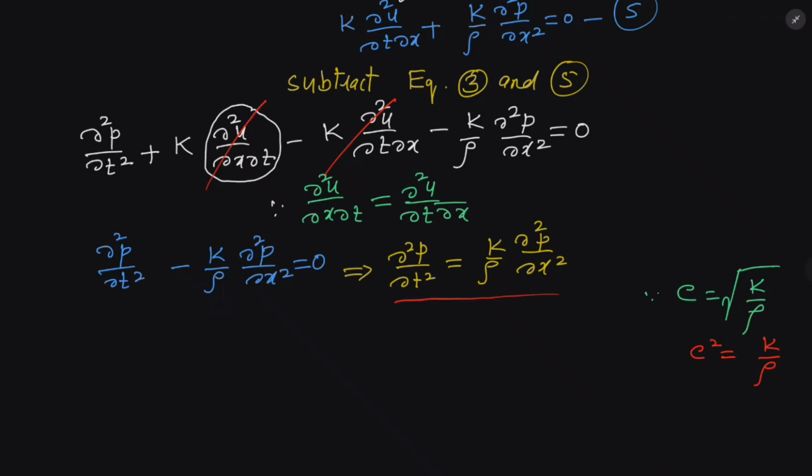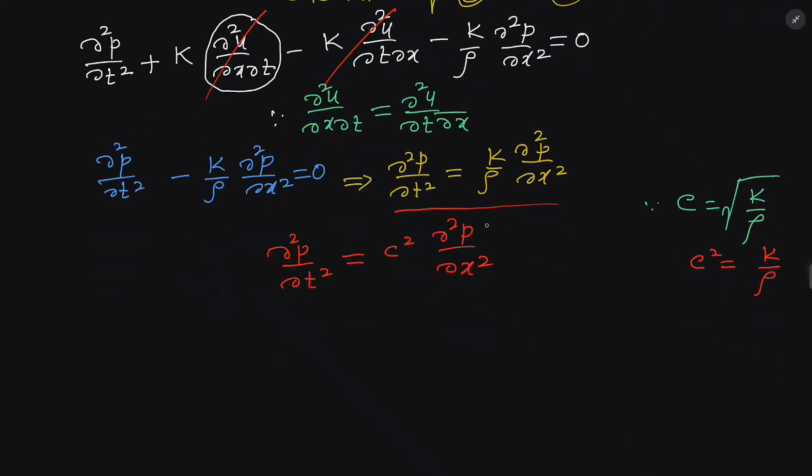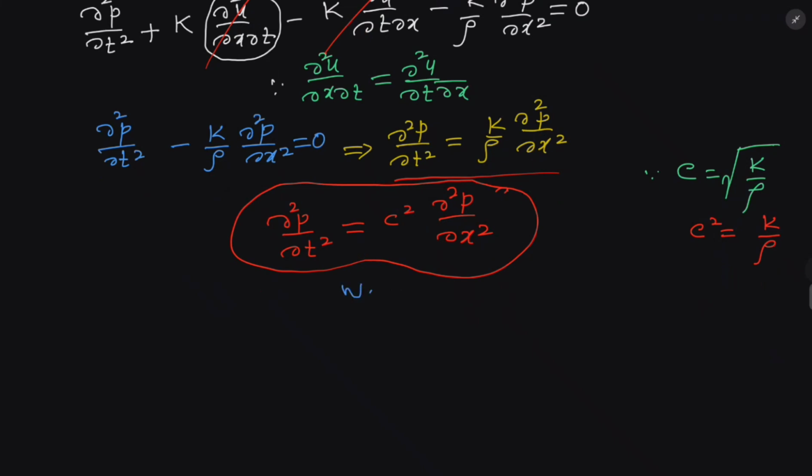So this equation becomes partial square p by partial t square is equal to c square partial square p by partial x square. You can see that this is a very famous equation, which is a wave equation.